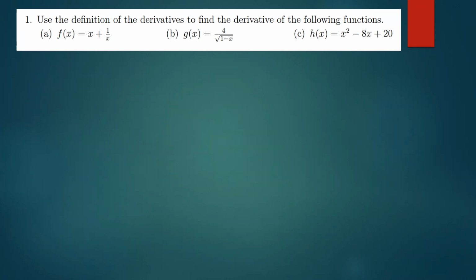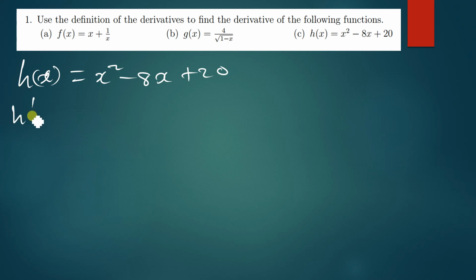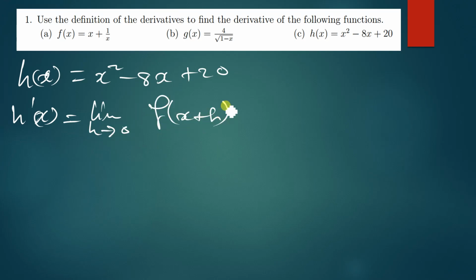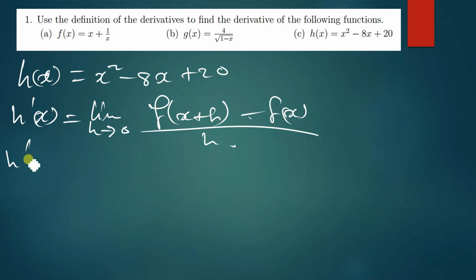Let us quickly do the last part. So the last part is h of x is equal to x squared minus 8x plus 20. Using the definition, our h prime of x will therefore be found by finding the limit as h approaches 0 of f of x plus h minus f of x over h. So our h prime of x will be equal to the limit as h approaches 0 of, where there's x, we're going to put x plus h.